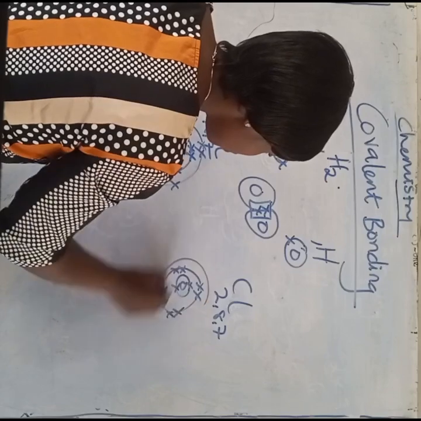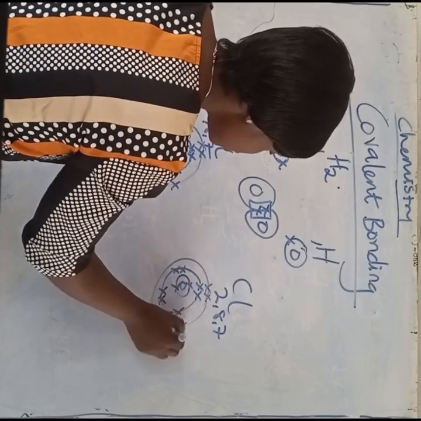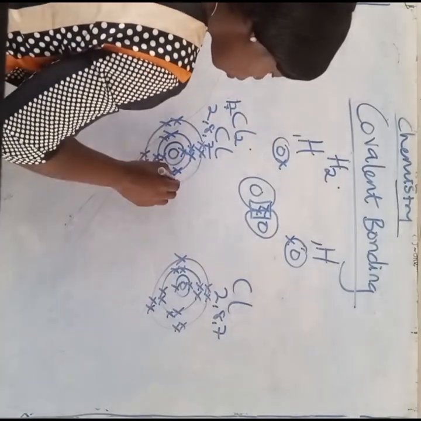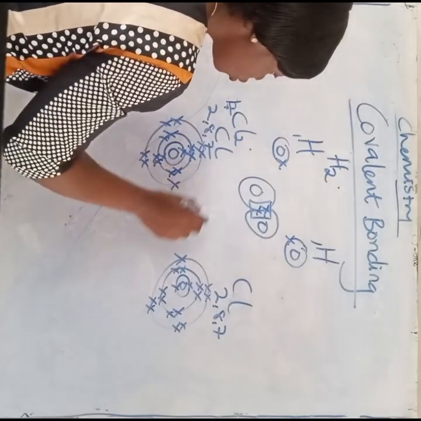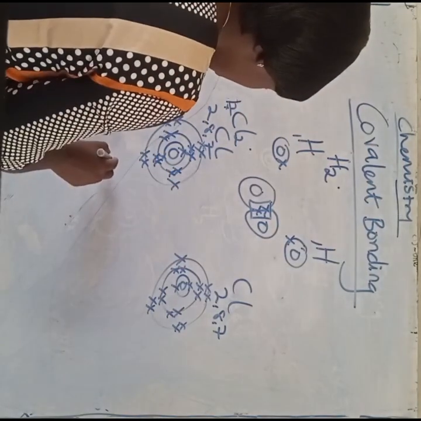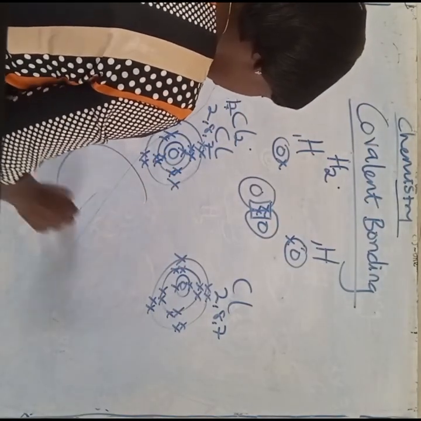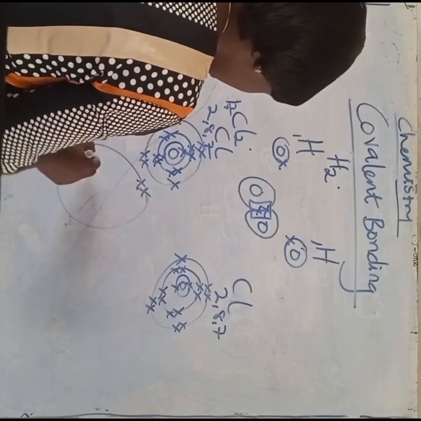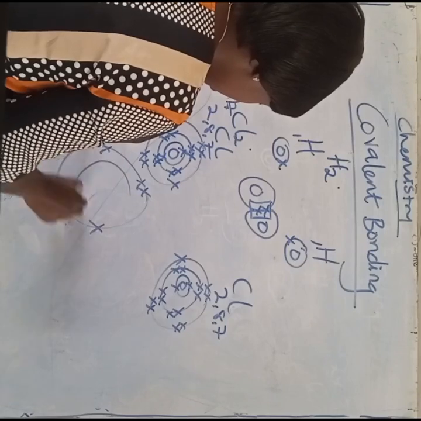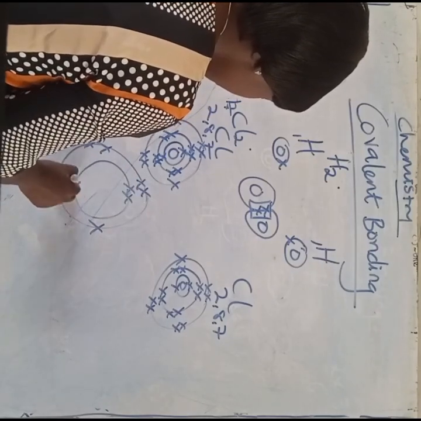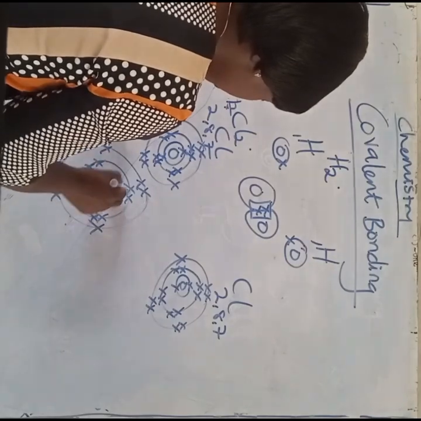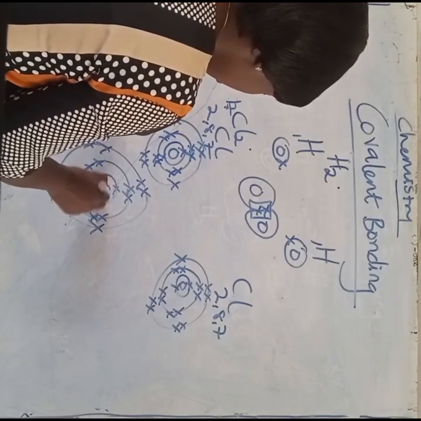So for the last shell, we are going to have something like this. Okay, so the last electron is going to bond together. We are working with the last shell. So I'm going to start writing from the first shell like this. Then the second shell, then the last shell.